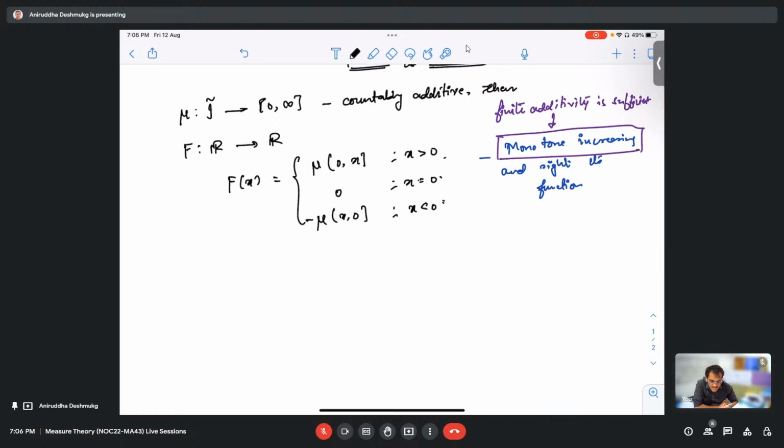Suppose I add one irrational number to the dyadic number, what happens?